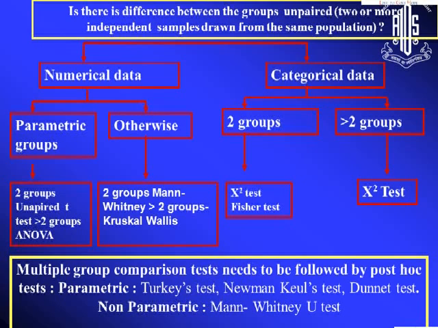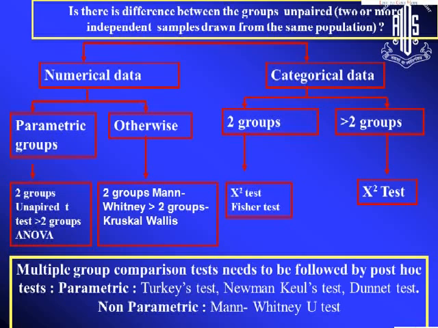So out of this 100, take a simple example: I want to see the effect of one medicine on intraocular pressure against the other medicine. I will choose a sample A, suppose 10 is my sample size, and sample B will be another 10, but these two will be different.